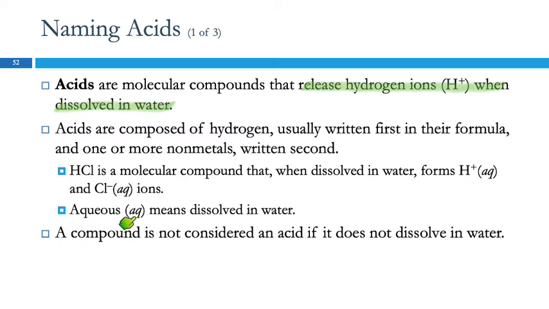AQ stands for aqueous. So if we have HCl AQ, that means that HCl is dissolved in water and it should be named as an acid. HCl is actually a molecular compound. It's 2 nonmetals, right? How would we name it with that system?